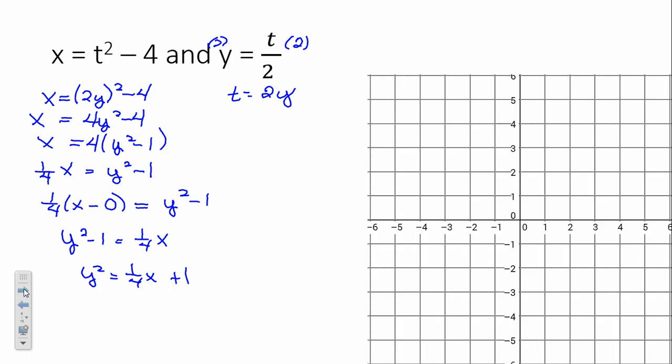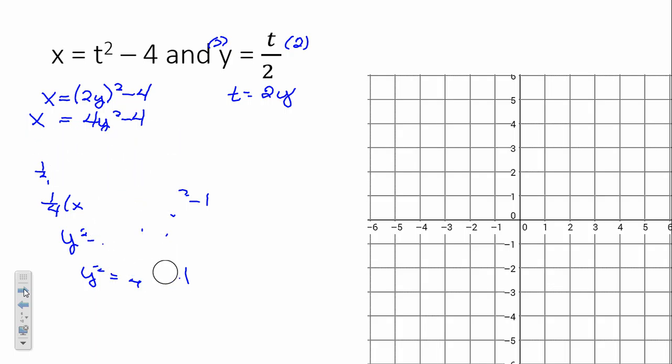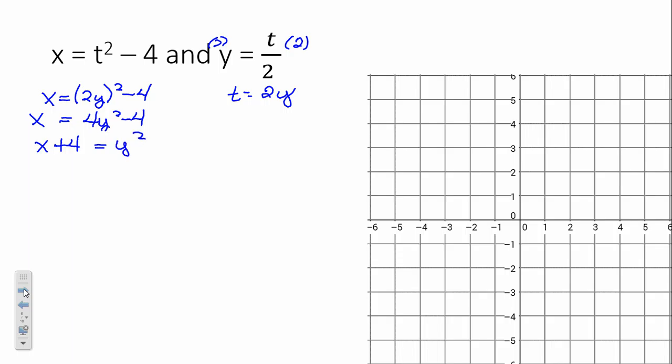What did we do wrong? We did this up here too. I think we started up here and went down a wrong path. Okay, let's go back here. All right, so if we had x plus 4 over here equals 4y squared, and we're used to having that y squared on the left-hand side.